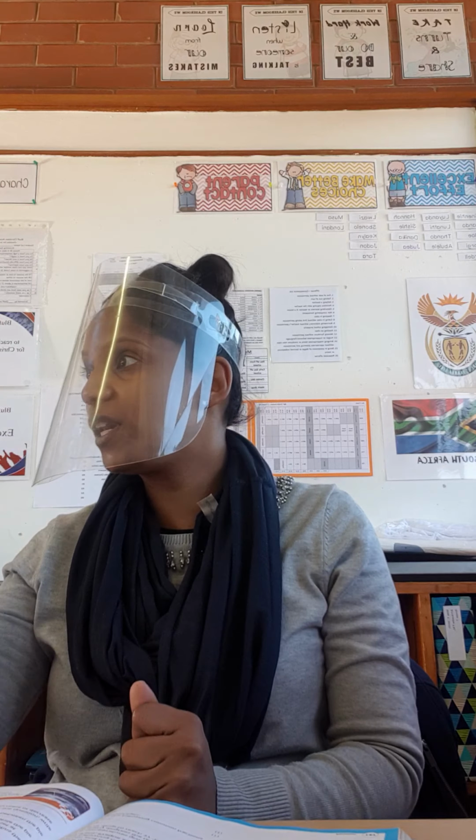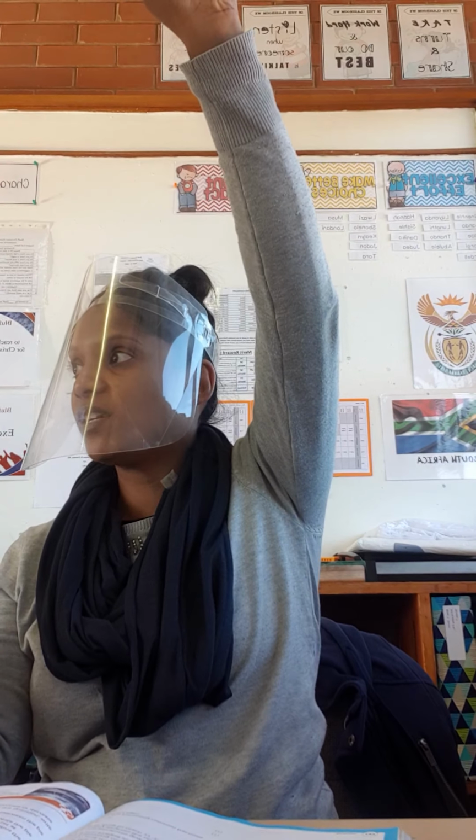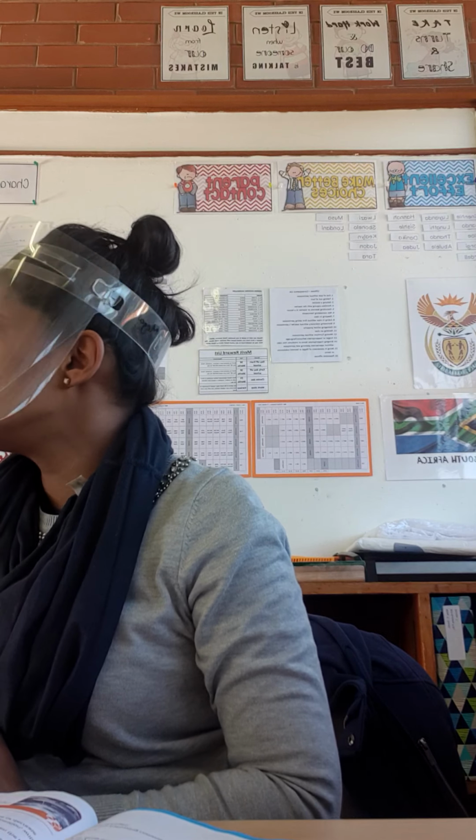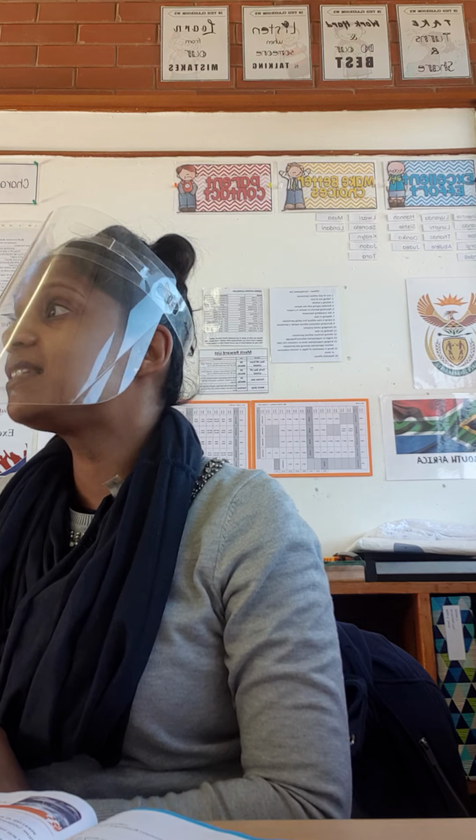We only have 25. We need to push to 100, right? So what do I add to 25 to get to 100? 75. We need to learn how to count in 25s. Okay. So your first sum will be 1A, 25 plus 75 equals?